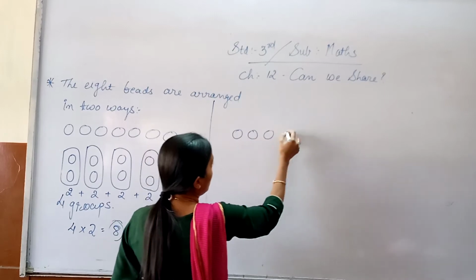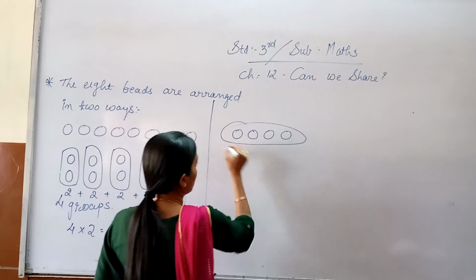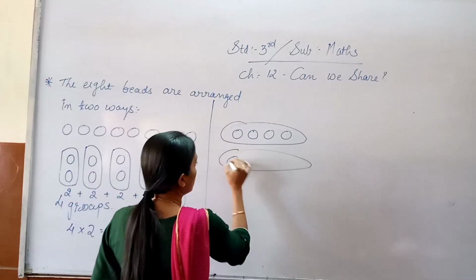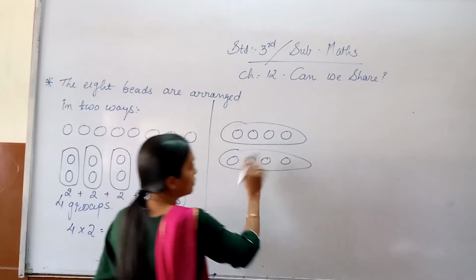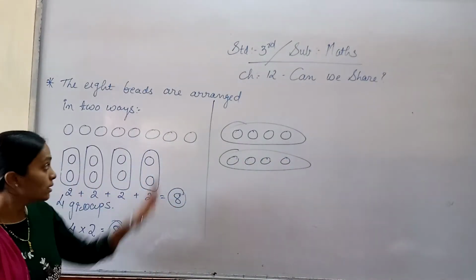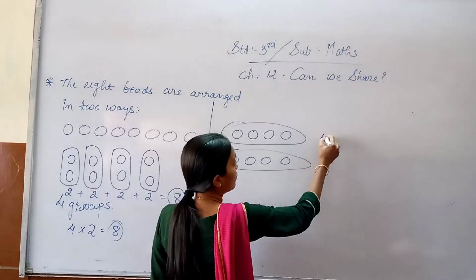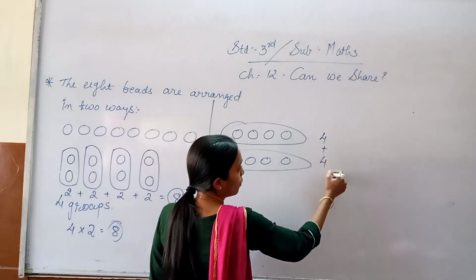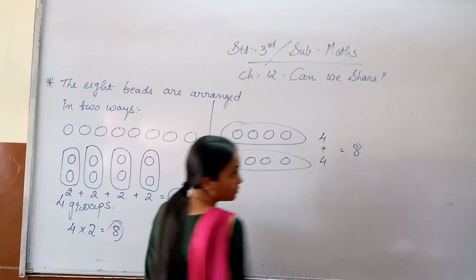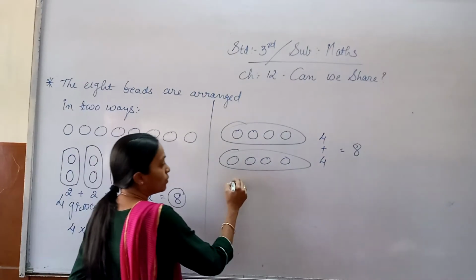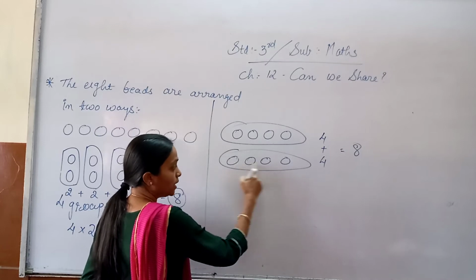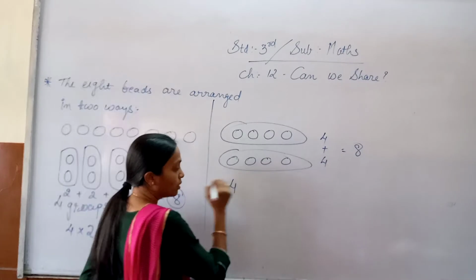1, 2, 3, 4 in this one group, and in the second group also we'll draw 4 beads. Now it is 8. From these same 8 beads we made 2 groups. So in each group there are 4 beads. 4 plus 4, it is 8. Okay, now in each group there are 4 beads.